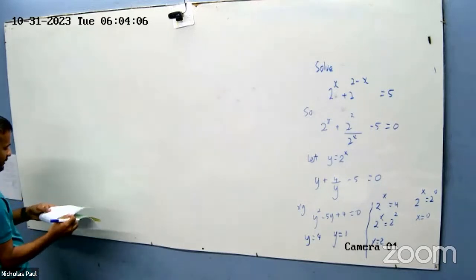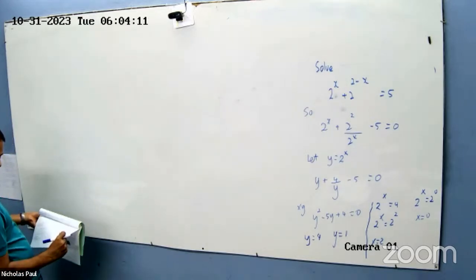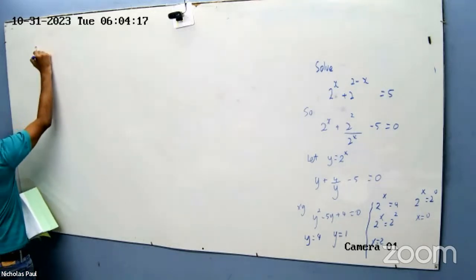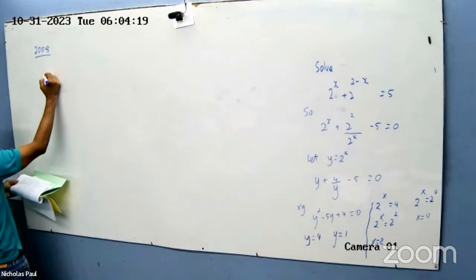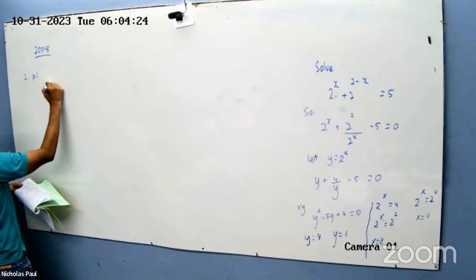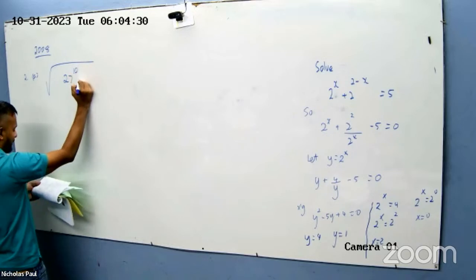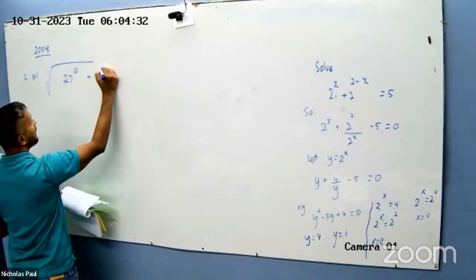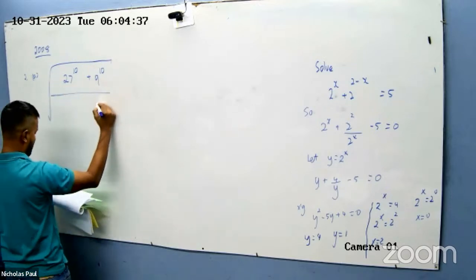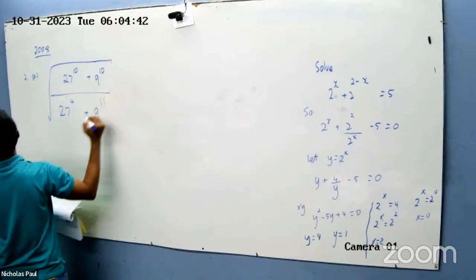Let's check out 2008. Without a calculator, evaluate this: 27 to the power 10 plus 9 to the power 10, all over 27 to the 4 plus 9 to the 11.